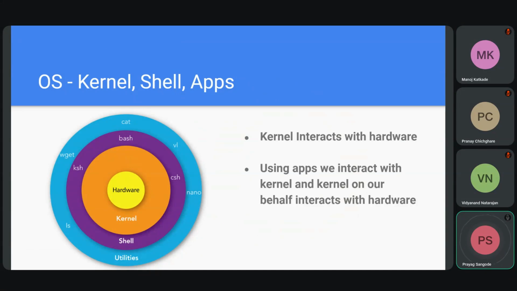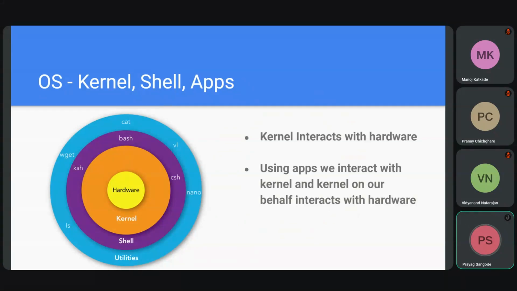Whatever we type, suppose I'm typing ABCD, anything, we are typing via the shell. We understand the English language, so via the shell we type, and whatever we type is given to the kernel. The kernel knows the language of the hardware, that is zeros and ones. So whatever we write in English gets converted to binary format, and we interact with the hardware.